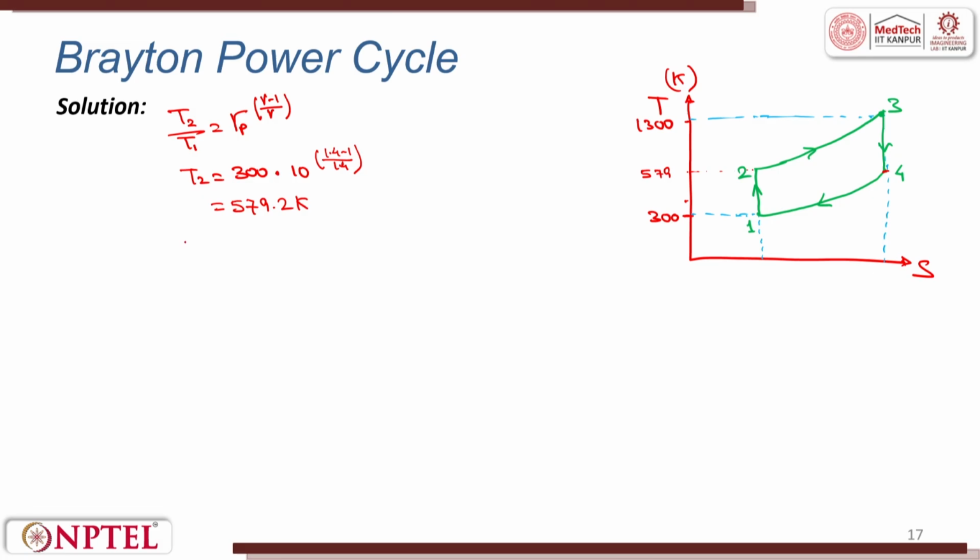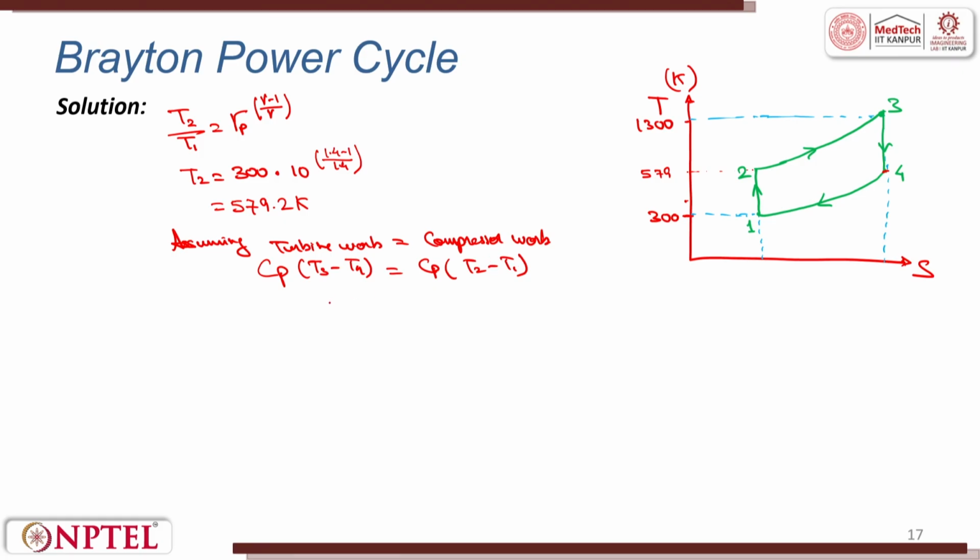Now we assume that the turbine work is equal to compressor work, that is Cp into T3 minus T4 is equal to Cp into T2 minus T1.